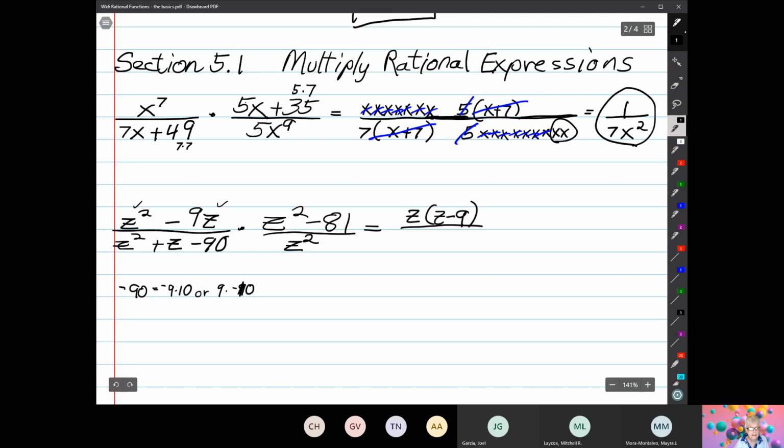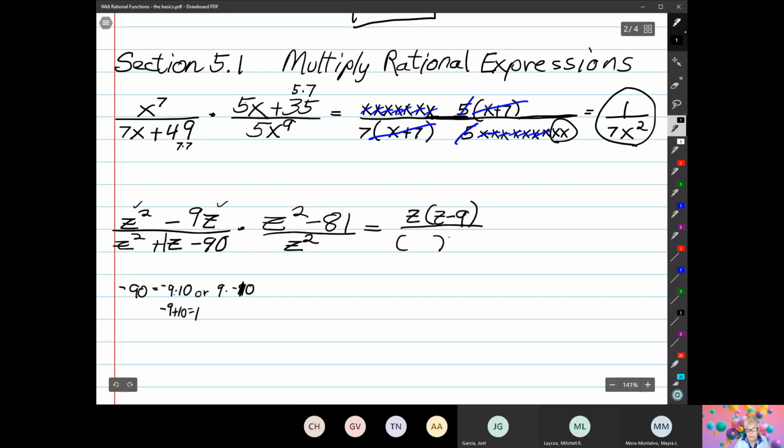And so it's a matter of saying, well, if I add these two together, how am I going to get a positive 1? There's a 1 in front of that z. It's invisible. So negative 9 plus 10 is positive 1. So that's what I'm going to use.